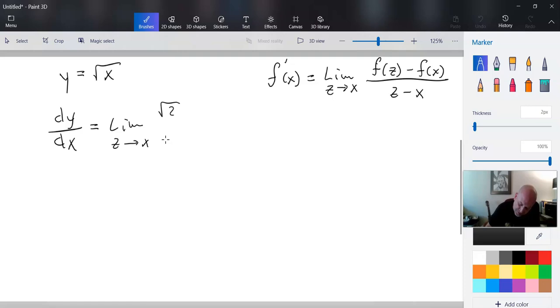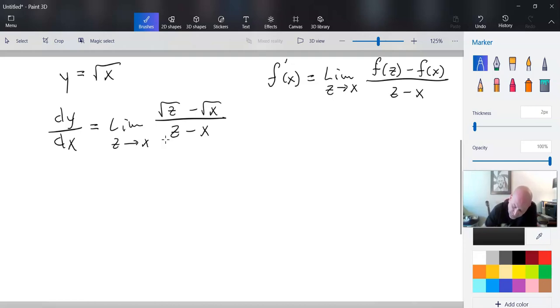So that would be the square root of z minus the square root of x over z minus x. Now I'm going to show you a little trick here. It turns out, really the dirty little secret from algebra, is that everything factors, right? If you just know what you're doing, if you don't limit yourself to whole numbers, everything factors. So even this z minus x can be factored.